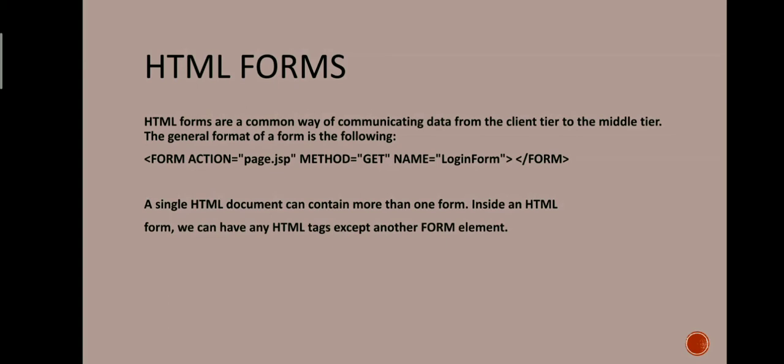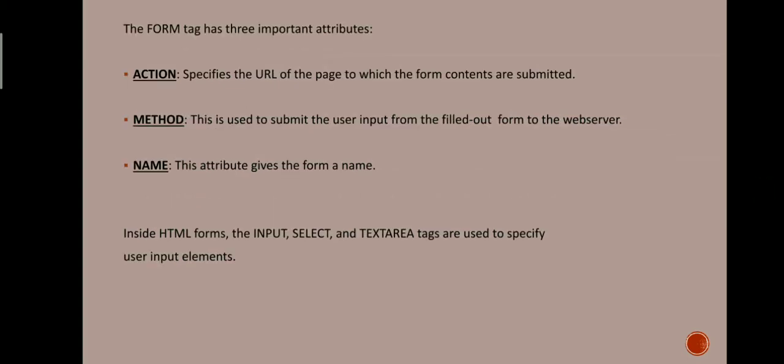One HTML document can contain more than one form, and inside this HTML form we can have any number of HTML tags except this form tag. Then the form tag has three important attributes, as shown in the general format, that is action, method and name.